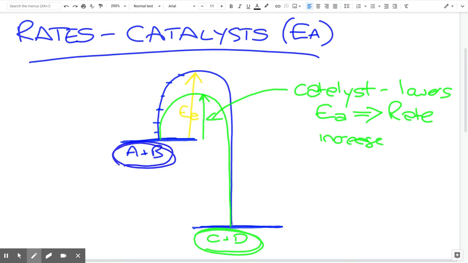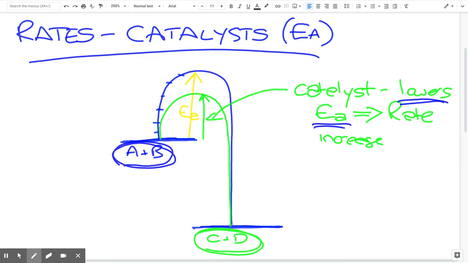However, it provides an alternative pathway, which is the kind of specimen answer. It provides an alternative pathway with a lower activation energy. And if that's the case, that allows you to increase the rate without necessarily having increased the number of collisions. Okay, so we can add a catalyst to this.